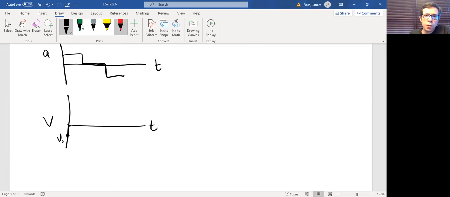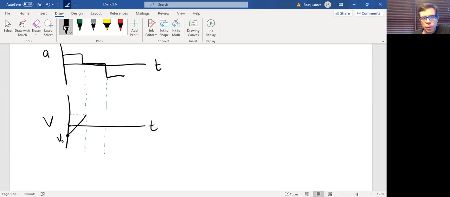And let me sketch in some scaling here. There we go. So during this first region, when we have a constant positive acceleration, v is increasing at a constant rate. Then when acceleration is 0, we know that we have a constant velocity.